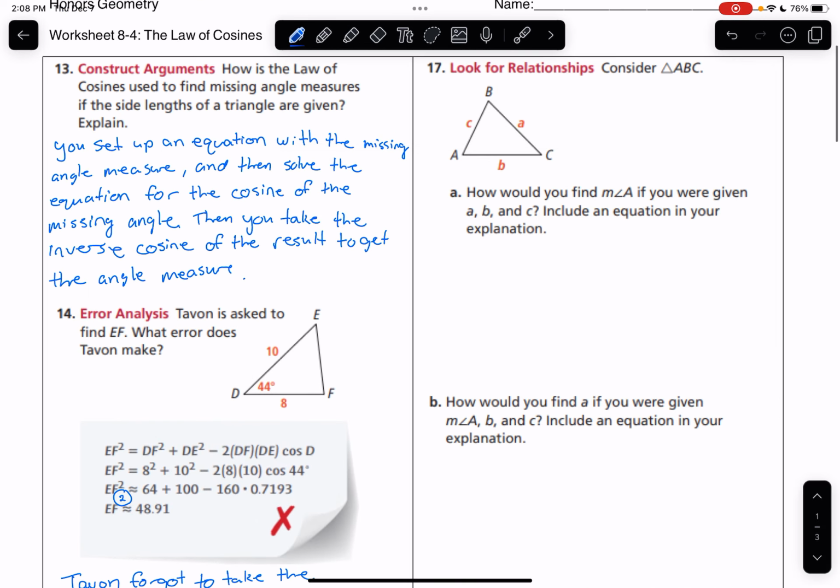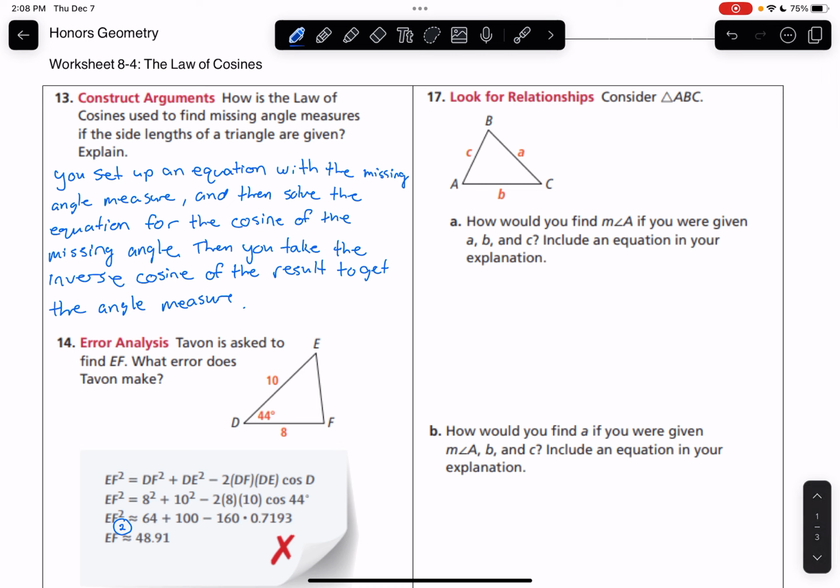All right, we've got this triangle. If I was given side lengths A, B, and C, how would I find the measure of angle A? So this is kind of like question 13. We would need to use the equation that would allow us to find the cosine of angle A, and then we would take the inverse cosine of what we found.